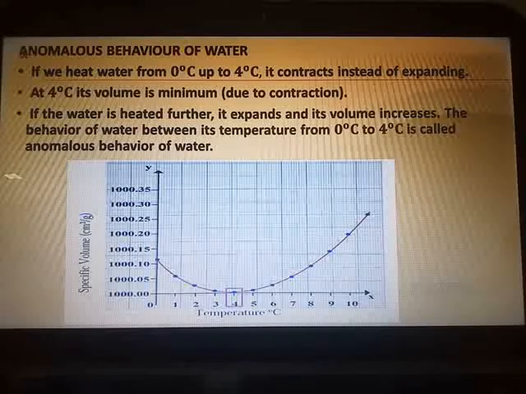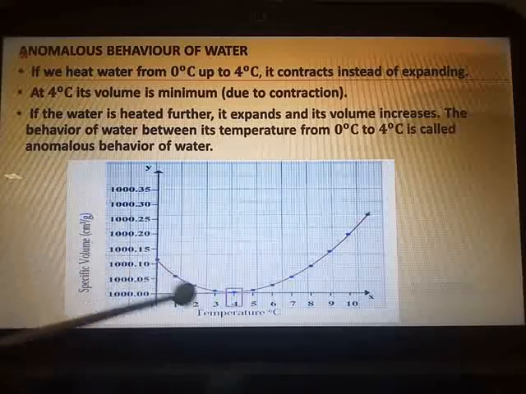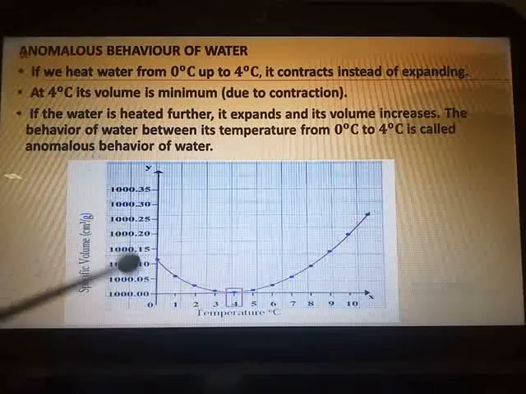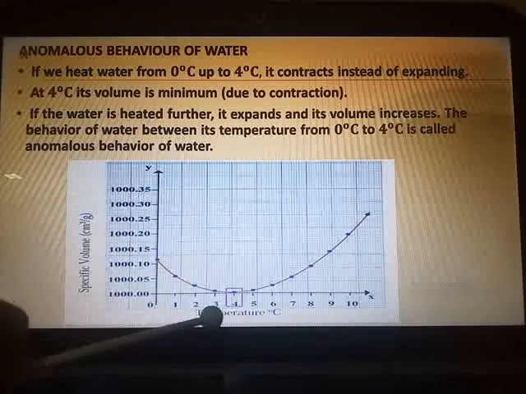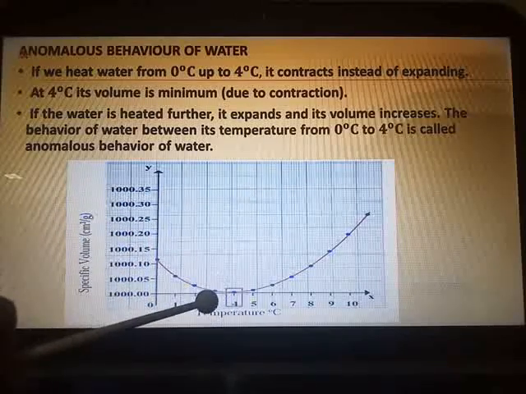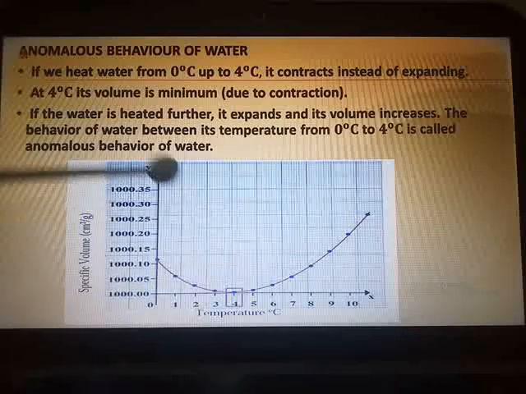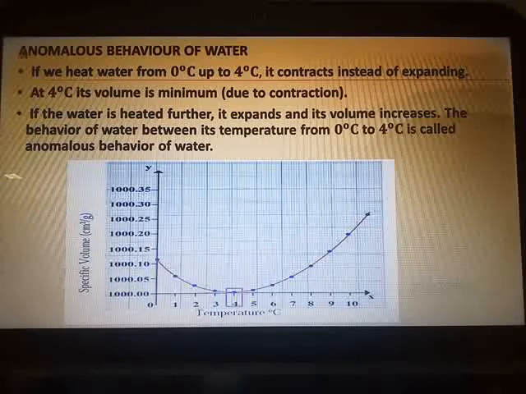So if 1 kg of water is heated from 0 degree Celsius and its volume is plotted as a function of temperature, you get a graph. You can see here in this figure, at 4 degree Celsius the volume of water is minimum. It means that the density of water is maximum at 4 degree Celsius.